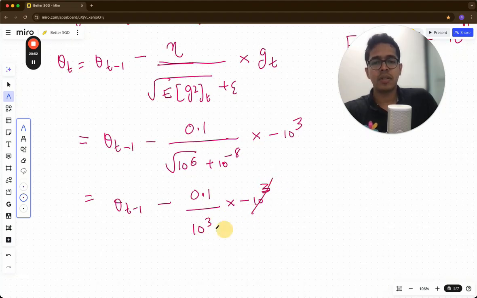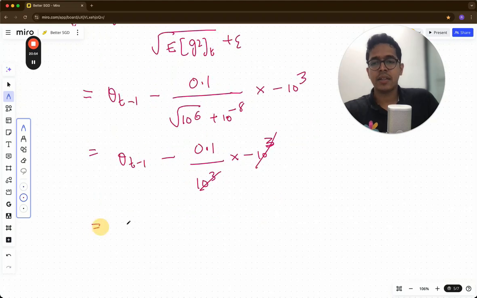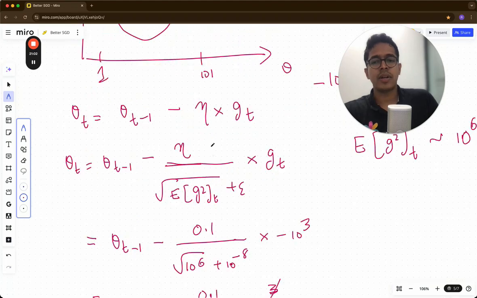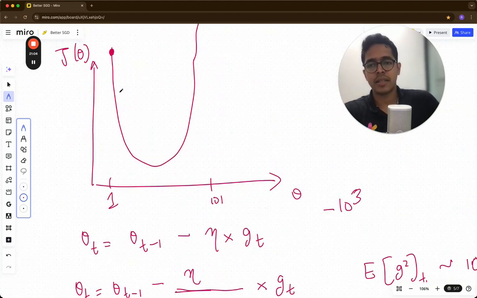So now these both can cancel, and this will become theta t minus 1 plus 0.1. So now you are moving by a reasonable distance. So you are moving from 1 to 1.1.